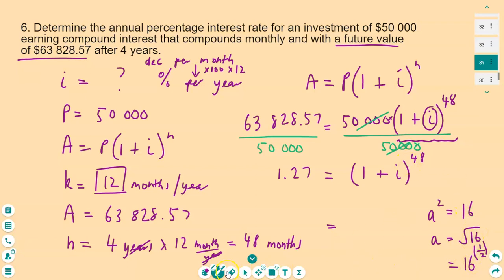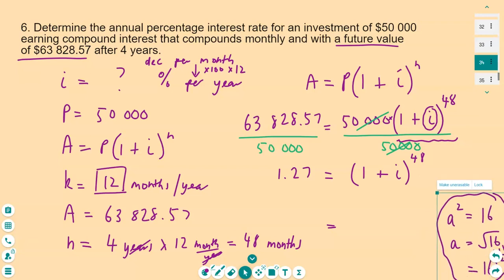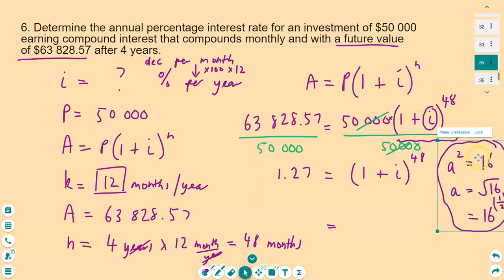So let's keep that as a little thing to remember. If we want to undo it, I'm going to say 1.27 to the power of 1 on 48.